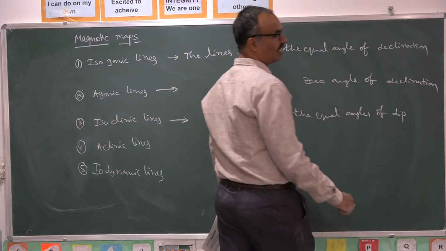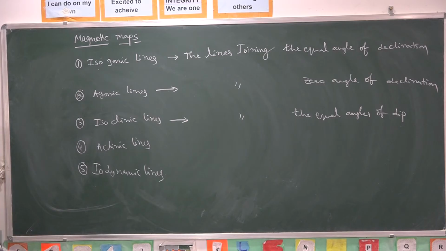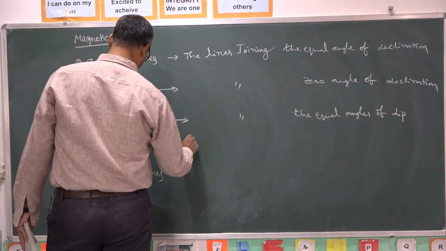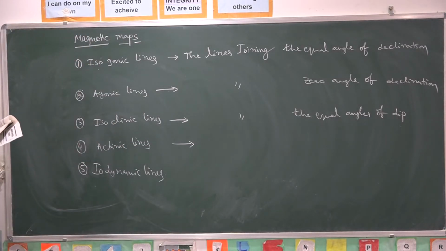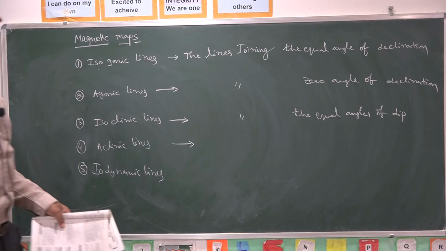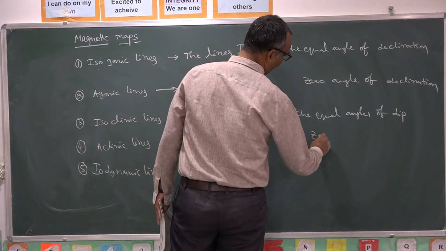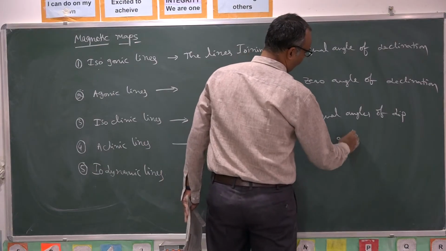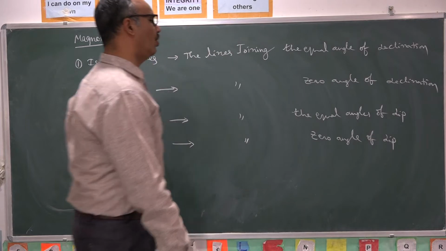If different places have identical dip values, those are joined by a line called an isoclinic line. Eclinic lines are the lines joining zero angle of dip.